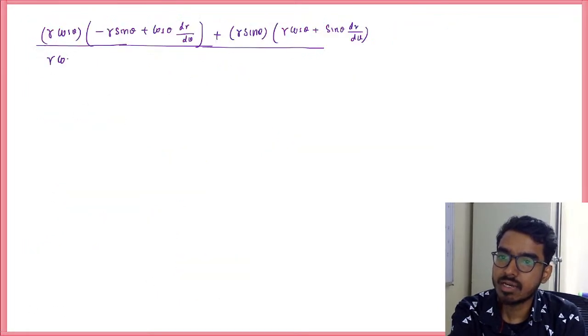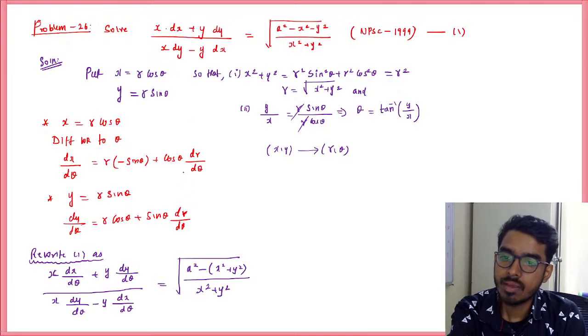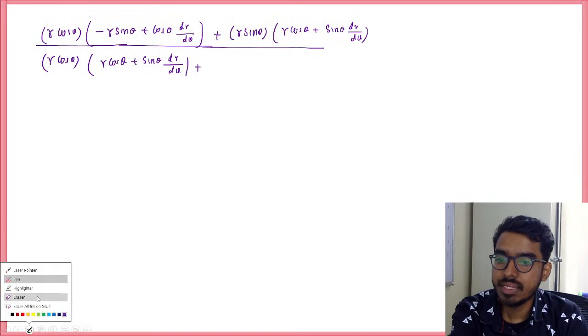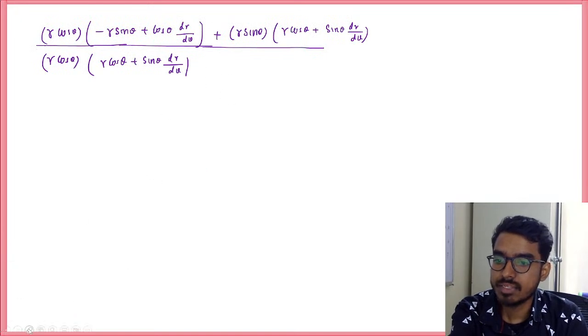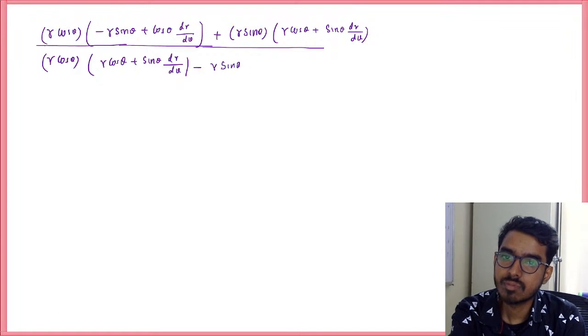So x is r cos theta, dy by d theta is r cos theta plus sin theta dr by d theta, minus y dx. So y is r sin theta into dx by d theta, minus r sin theta plus cos theta dr by d theta.